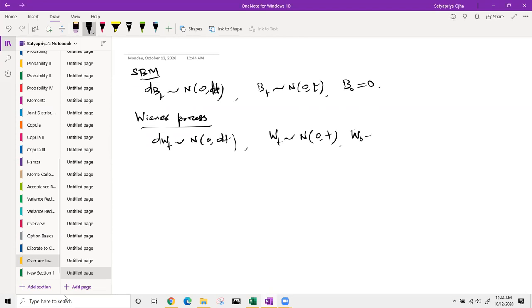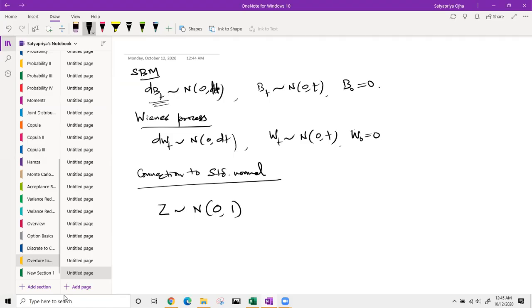Just different notation and different name. How is this connected to standard normal? Standard normal is normally distributed with mean 0, variance 1.